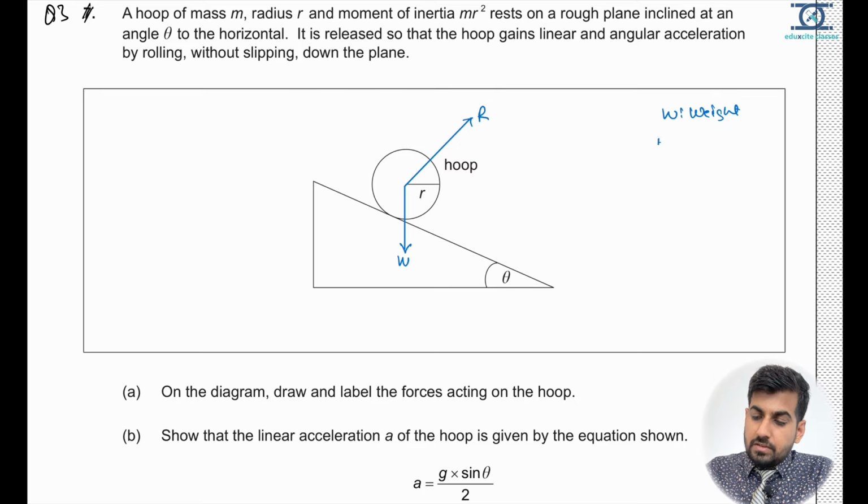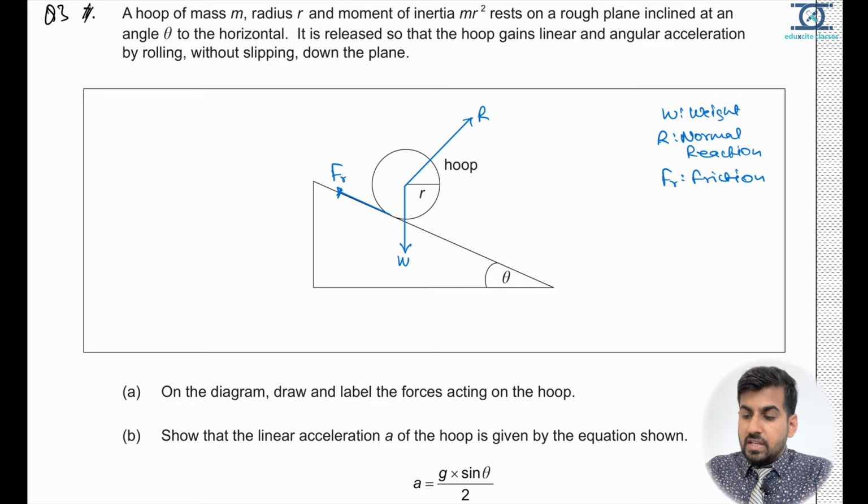This will be R, so this is the normal reaction force, and there will be a friction acting in the upward direction. So this is my friction, Fr is my friction force. These are the forces acting. So this will be my diagram for part A.